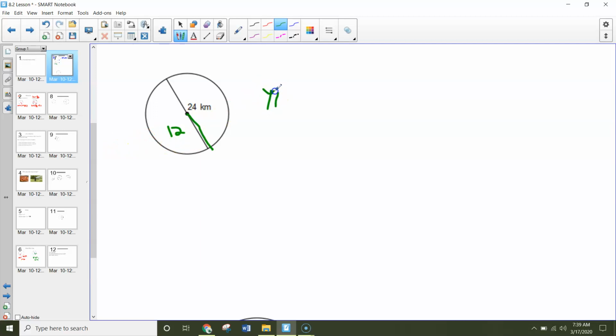If you wrote pi 12 squared, you would be correct. And then go ahead and enter that into your calculator and see what you get. And you should get 452.38, which I'm going to round up to 452.4.